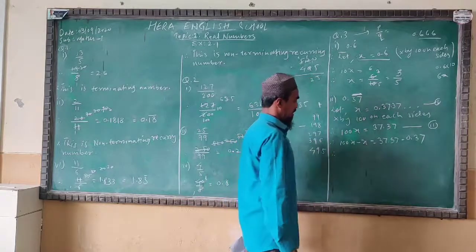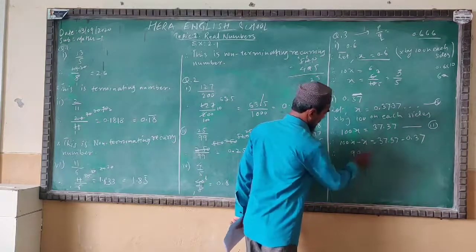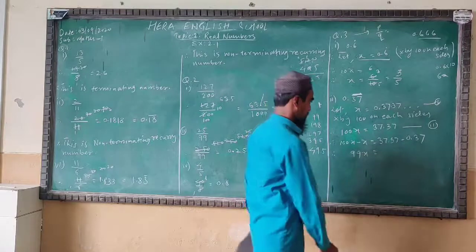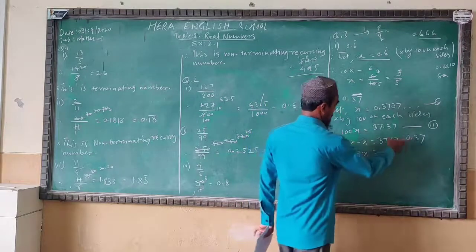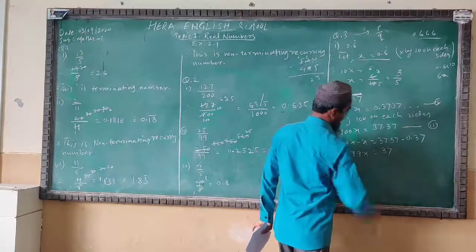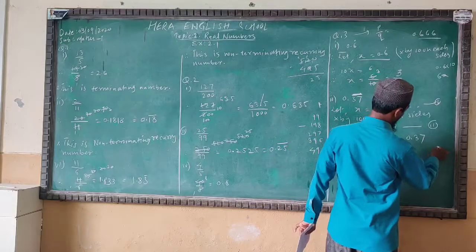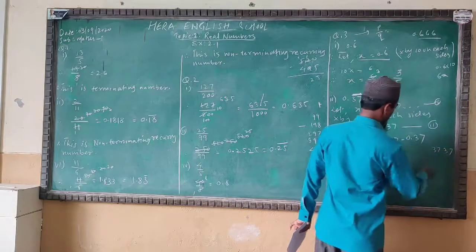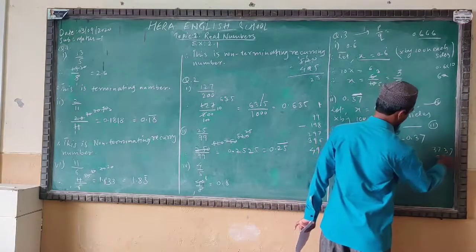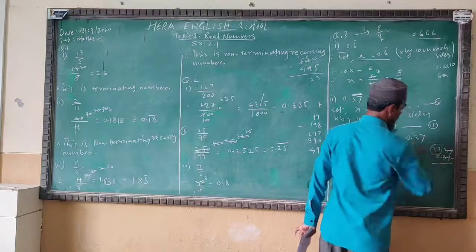100x minus x gives 99x, which is equal to 37, because all the decimal parts cancel and you have only 37.